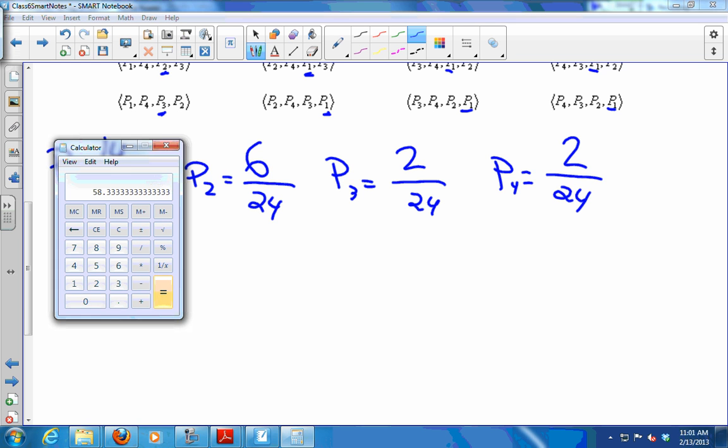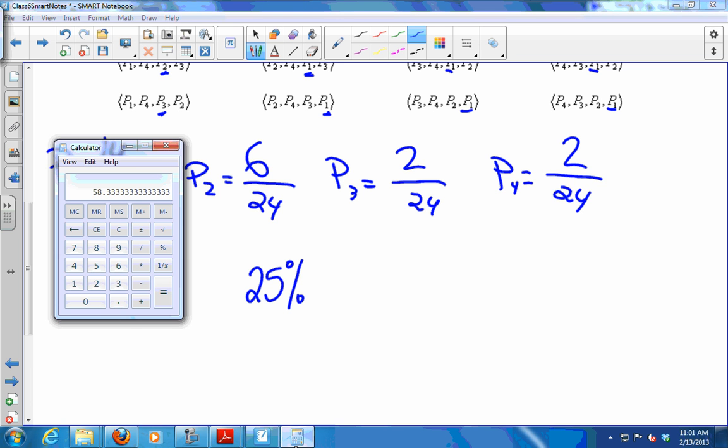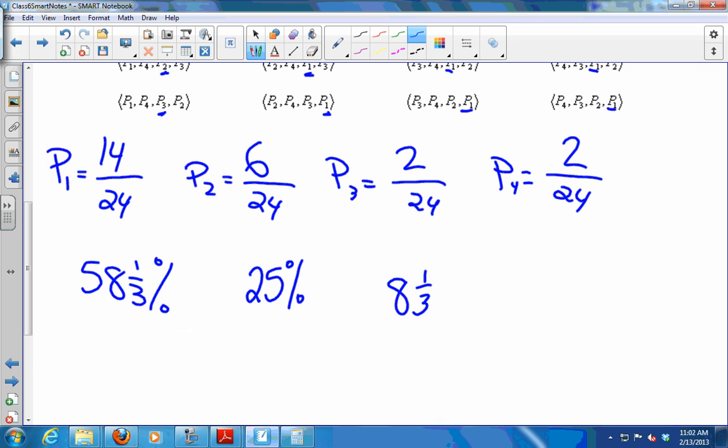So we get 58.33%. 6 out of 24, that's 25%. And 2 out of 24 times 100 is 8.33%. I just changed my fractions to percentages. You can leave them as fractions.